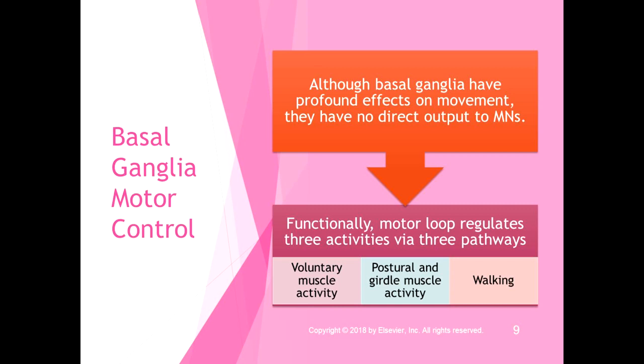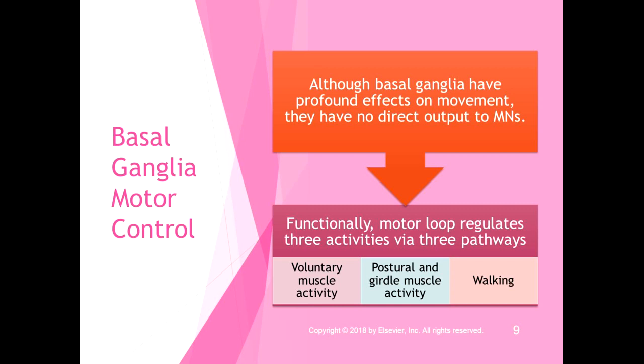So even though the basal ganglia have profound effects on movement, they have no direct output to motor neurons. The motor loop regulates 3 activities in 3 pathways. So it regulates voluntary muscle activity. It regulates postural and girdle muscle activity, so non-voluntary muscle activity, basically, and walking.